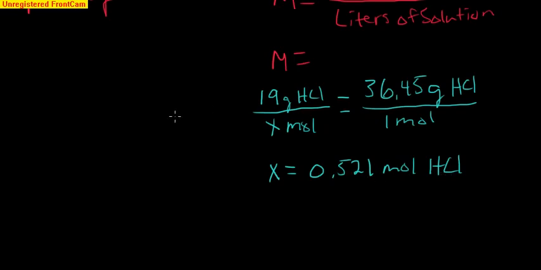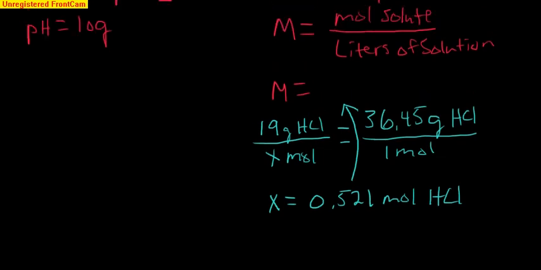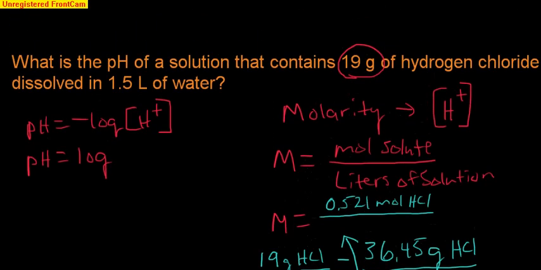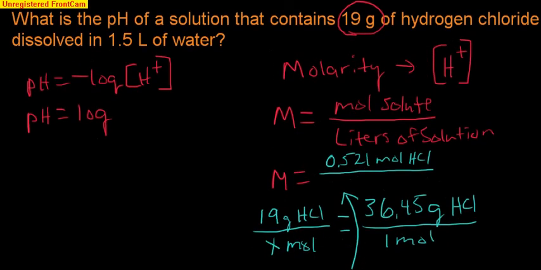So now we're going to take this number and plug it into this formula up here. The molarity formula, if you recall, was moles of solute divided by liters of solution. So let's take my 0.521 moles of HCl, so that's our solute, and now I'm going to divide that by liters of solution. If you recall from the problem, we had this dissolved in 1.5 liters of water.